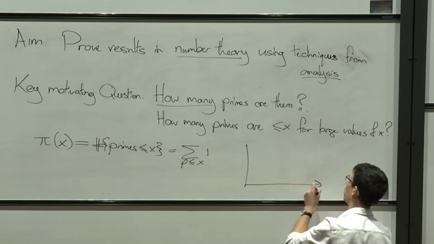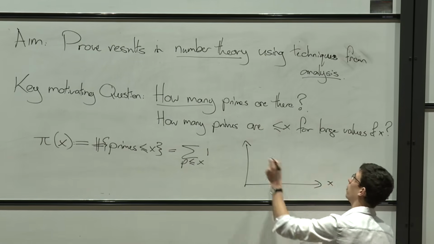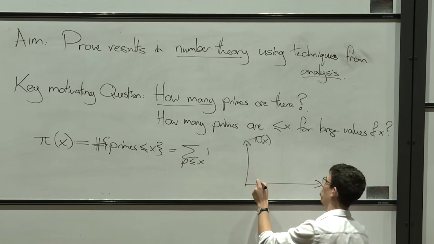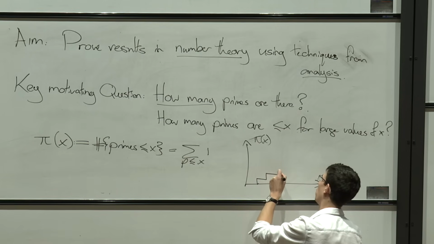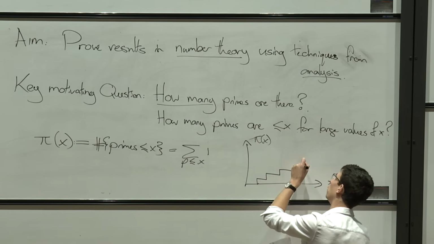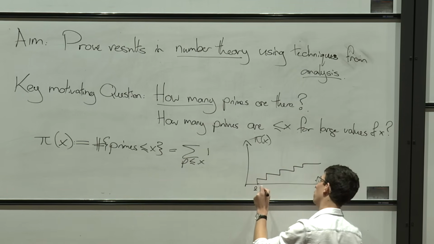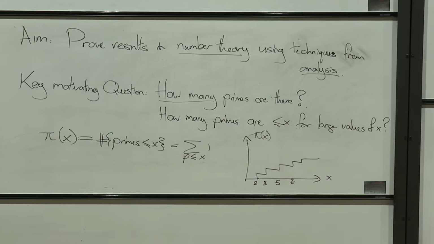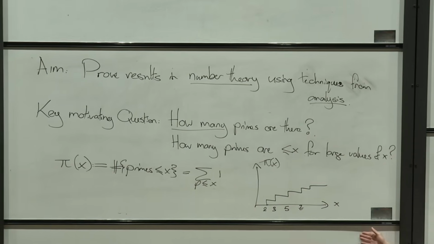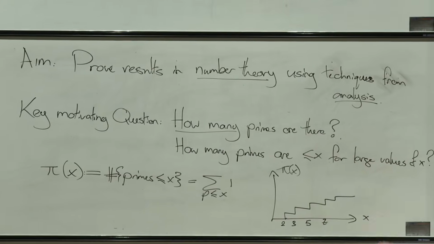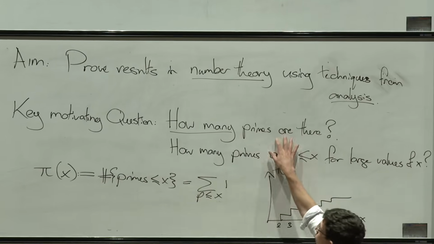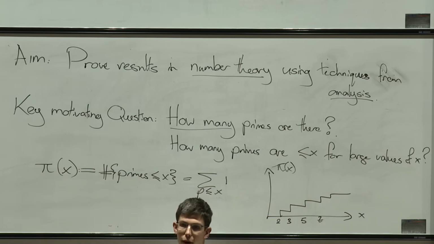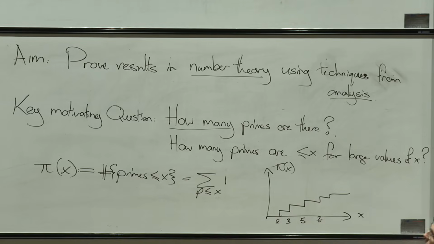And so if you were to draw a graph of pi of x, it would be a strange sort of step function where it jumps by 1 whenever you get to a prime number. And so one way of trying to understand this question is saying, what is the size of pi of x and how does pi of x grow?